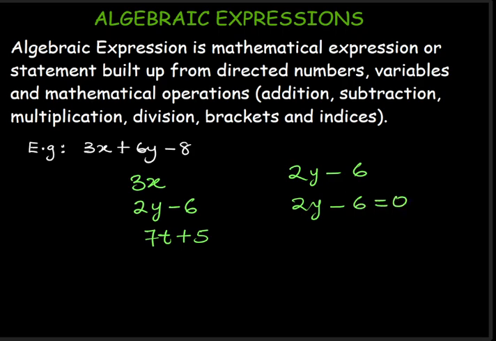What is the difference? This is an expression, while this is an equation. In an expression, there is no equality sign, while in an equation, you have an equality sign. That's the difference.